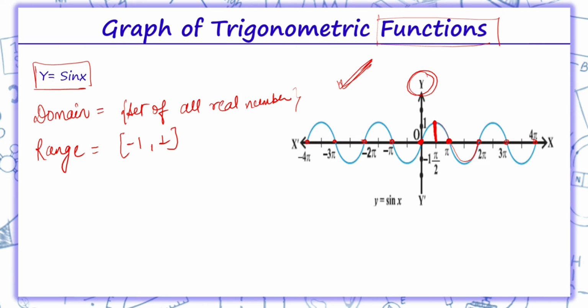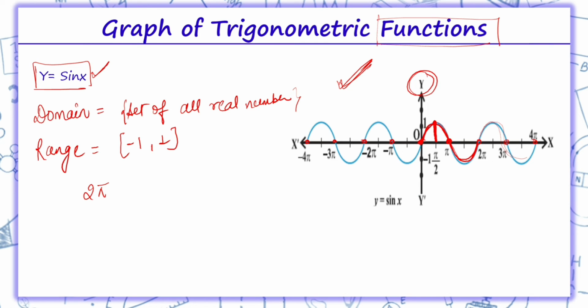Now as we see in this graph, this curve is repeating. The same curve is followed after 2 pi. That means this curve repeats after an interval of 2 pi. Thus we say sin x repeats its value after an interval of 2 pi.